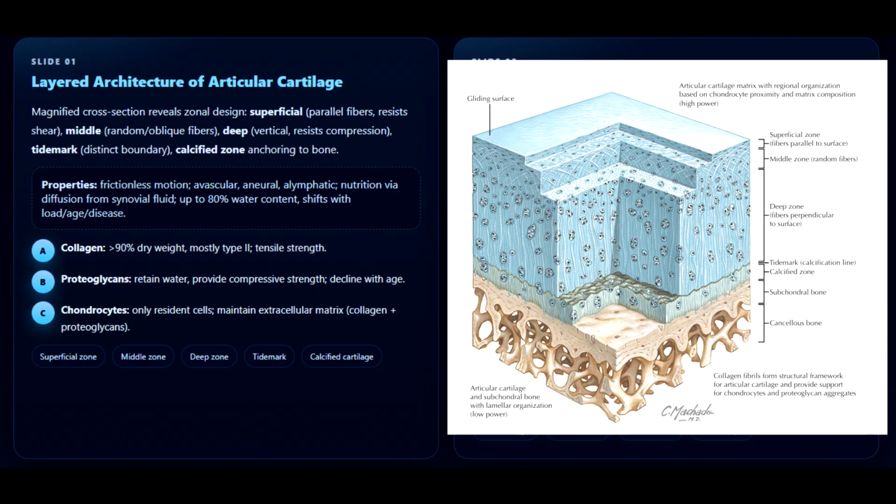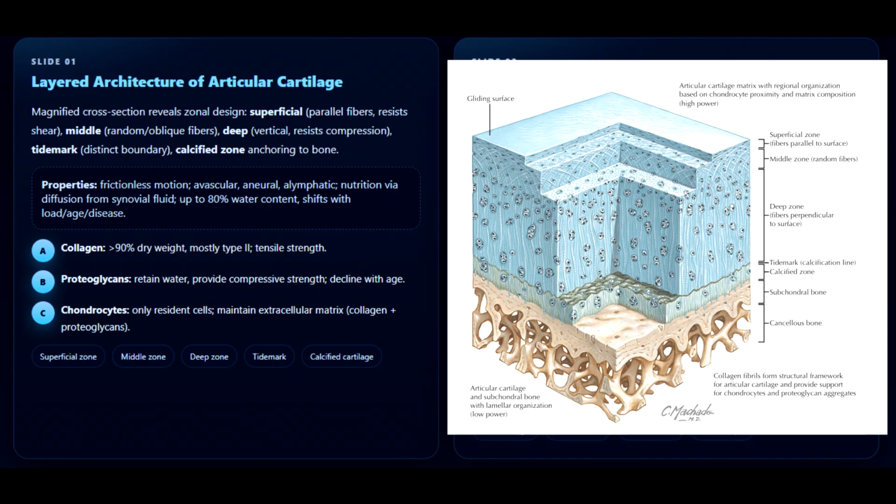Notice the layered organization. At the very top lies the superficial zone, where collagen fibers are arranged parallel to the surface. This orientation is deliberate. It resists shear stresses that occur as bones glide over one another.